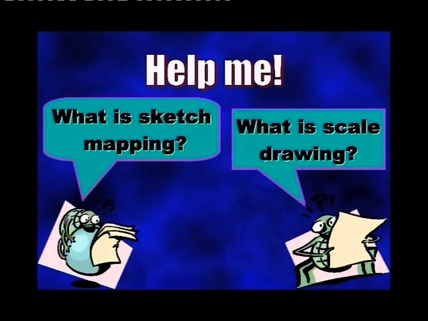Now, we have somebody there asking for help. What is the first help needed by the picture we have there, Hayano? What is sketch mapping? Now, who would like to help our little friend there? What is sketch mapping? Anybody else who would like to try?